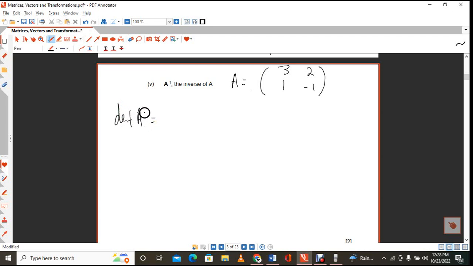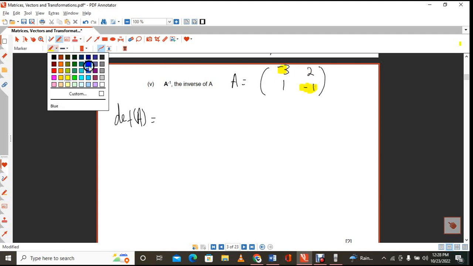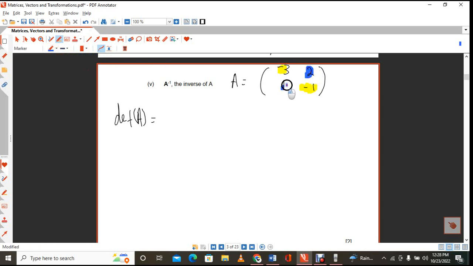The determinant is simply found by cross multiplying. So you're going to have -3 times -1, and you subtract 2 times 1. So that is 3 minus 2, so this is 1.